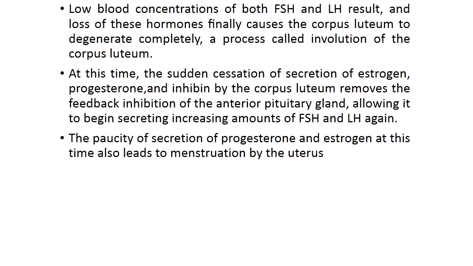The paucity of secretion of progesterone and estrogen at this time also leads to menstruation by the uterus. Now it has taken about 28 days from the first initial secretion of FSH and LH by the pituitary gland.